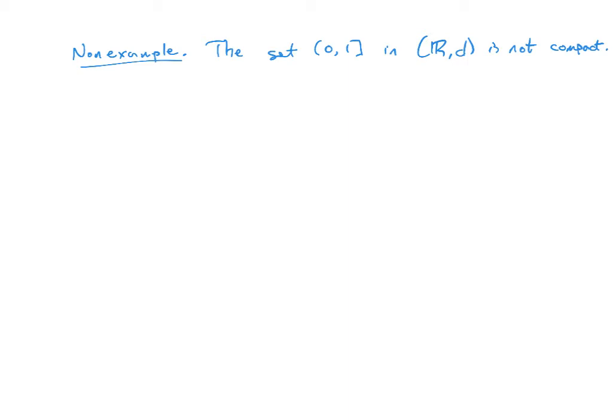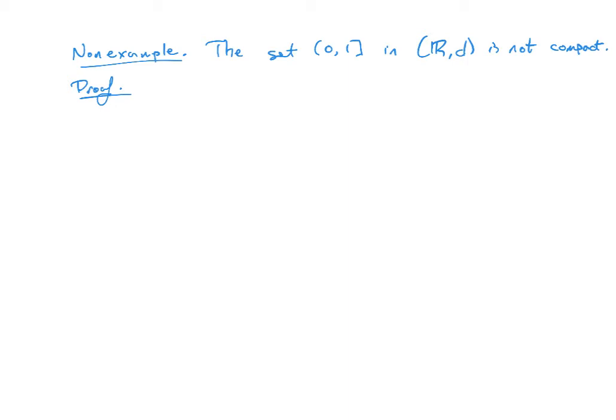The open interval from 0 to 1, not including 0, is not compact on the real line with the standard metric. Remember, I said Monday we're going to see that subsets of the real line are compact if and only if they're closed and bounded. This one's bounded, but it's not closed. So that's what's going wrong.